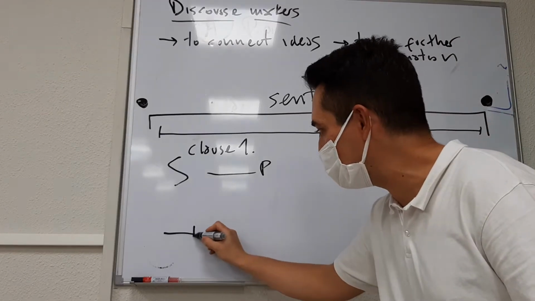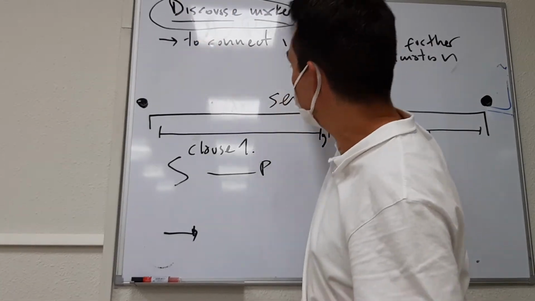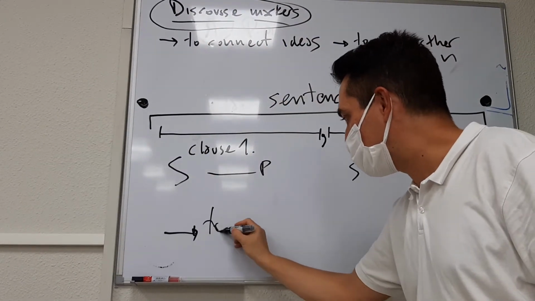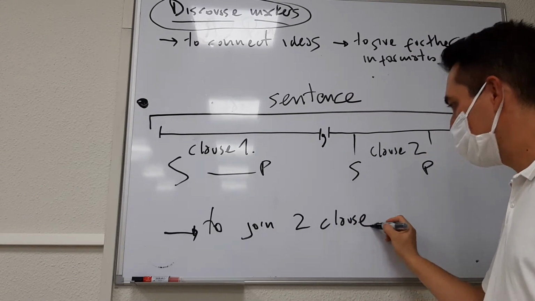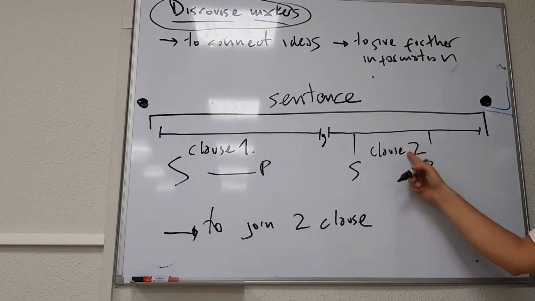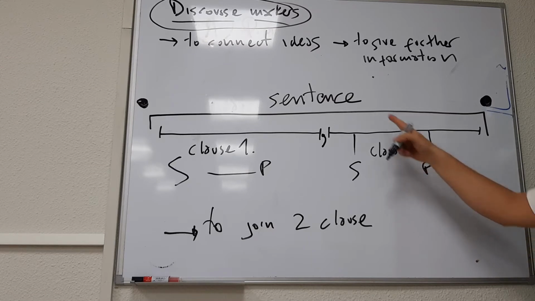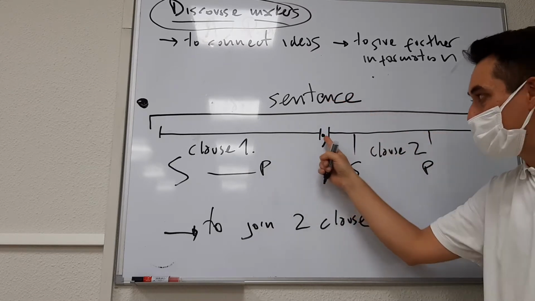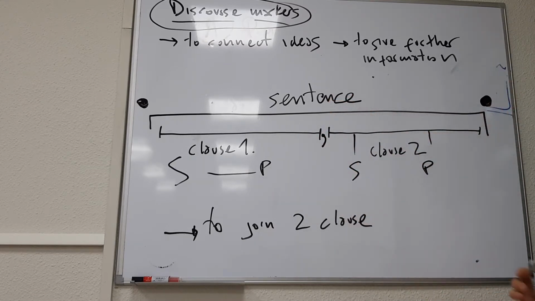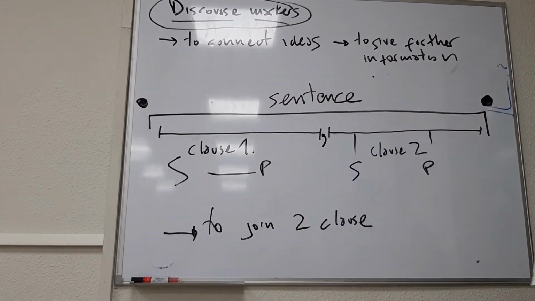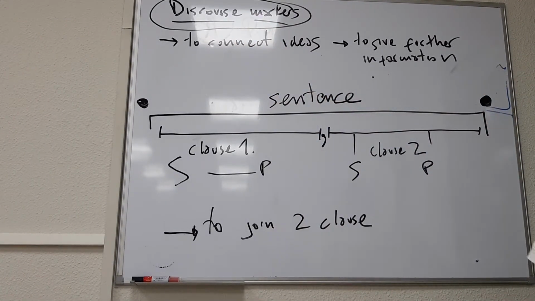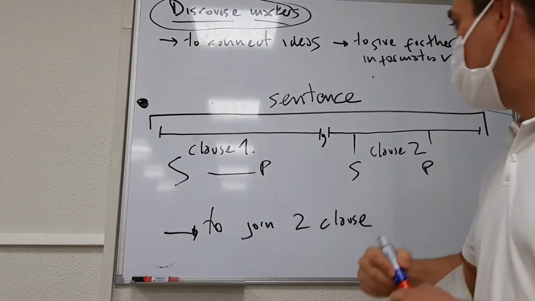One of the uses of discourse markers is to join two clauses. So this clause and this clause inside this sentence can be joined, not just by a comma, but using a discourse marker. The discourse marker can be used to join the clauses in the middle.